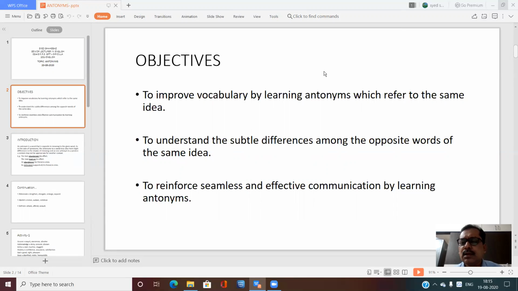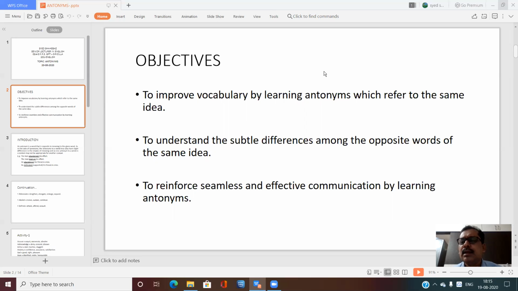There are many antonyms for a word. These antonyms differ in their shades of meaning. So we have to understand the subtle differences among the antonyms in terms of shades of meaning. The third objective is to reinforce seamless and effective communication by learning antonyms.